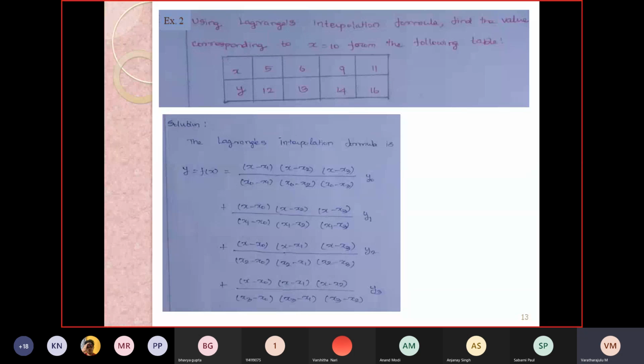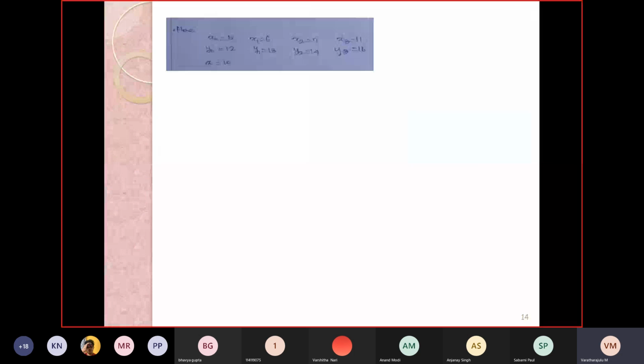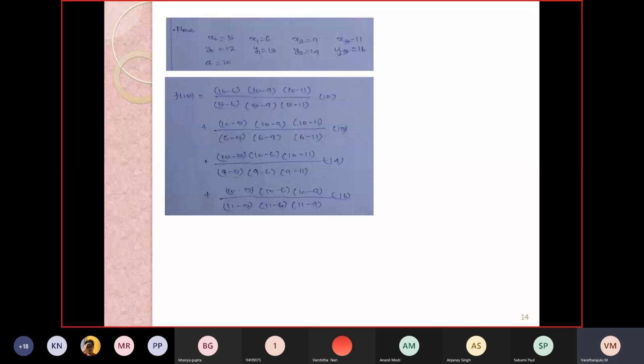Therefore, we need to extend your formula till x3. This is the given data with the subscript, and our f of 10 is equal to, here I have applied the value of x in the given formula itself.